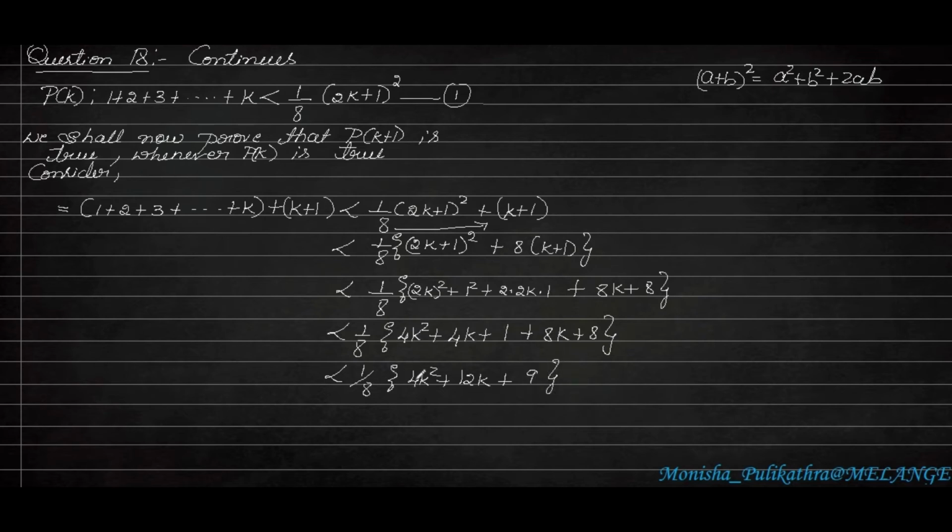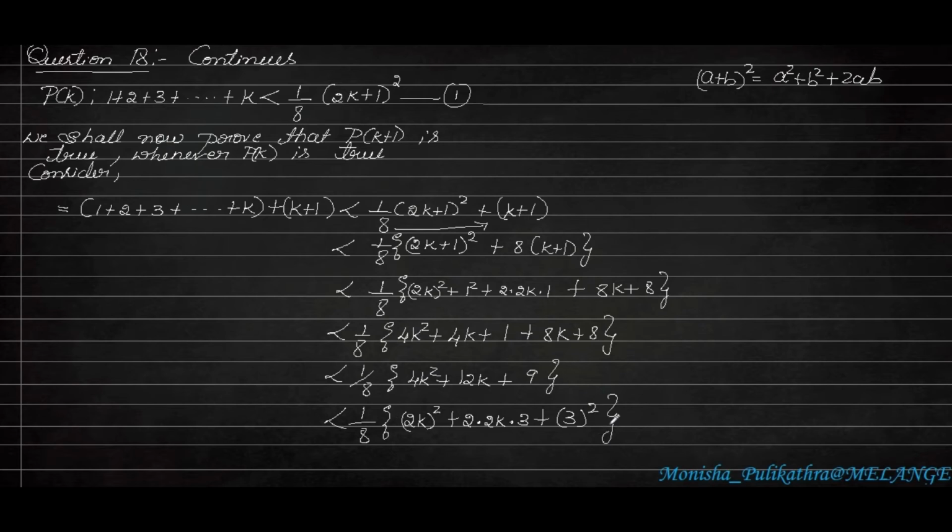So this equation we have to split it, or we can change it into a form of A plus B whole square. See here, this 4K square will become 2K whole square. So 2K whole square is nothing but 4K square. This 12K we can split into the form 2 into 2K into 3, and this 9 will be in the form of 3 square.